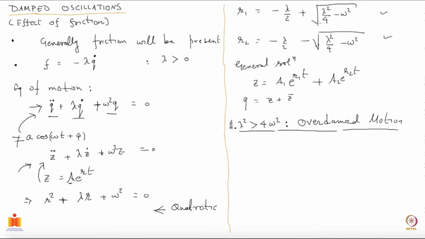So in this case, both r1 and r2 are negative, as I mentioned just now, and clearly the solution q is an exponentially decaying solution.